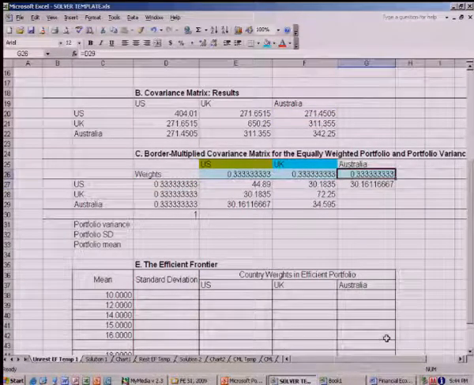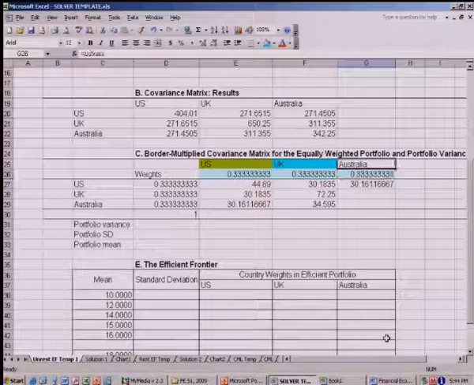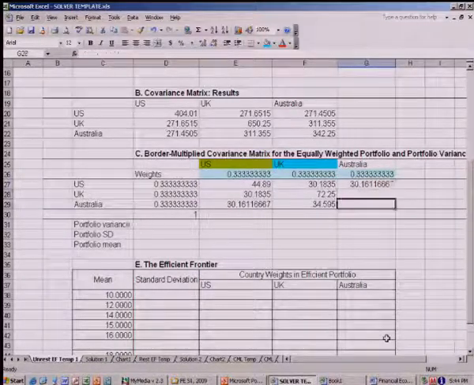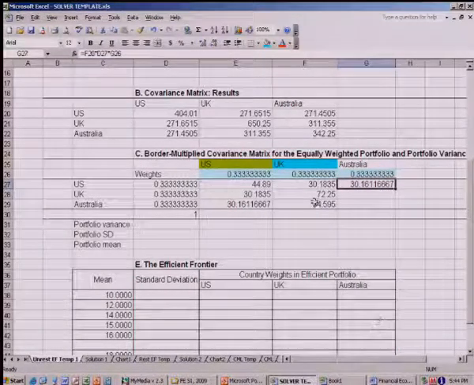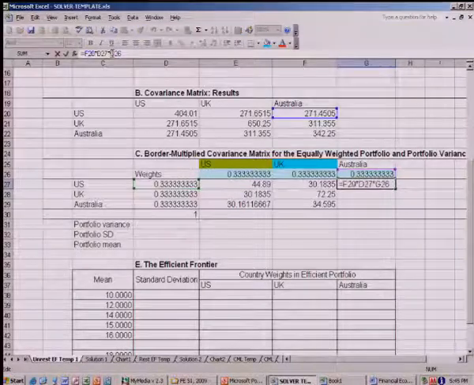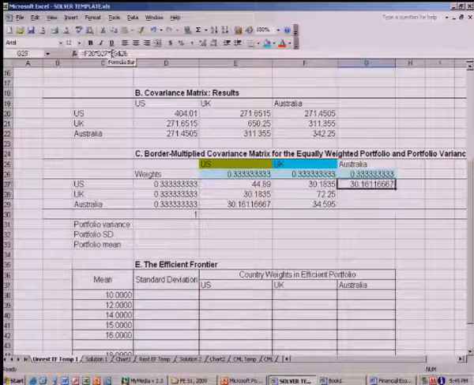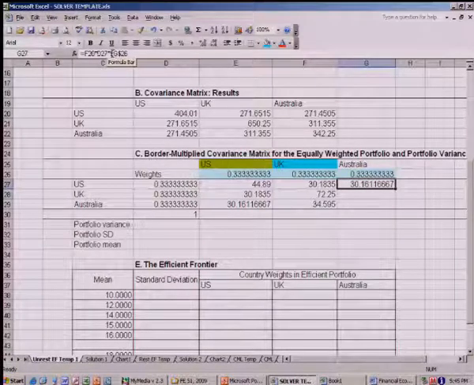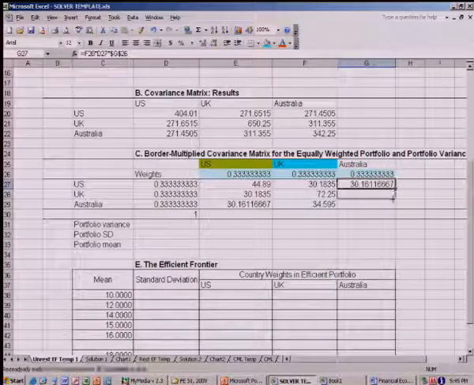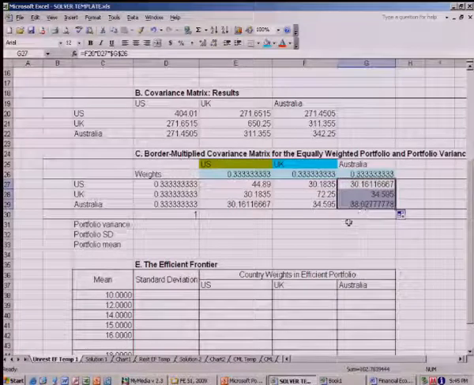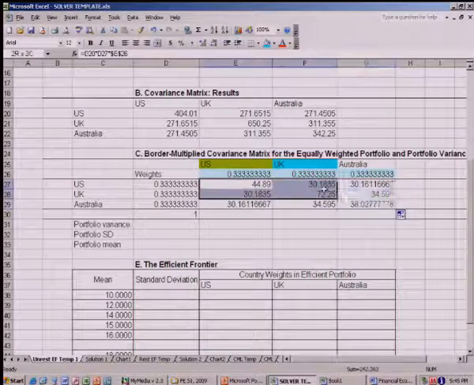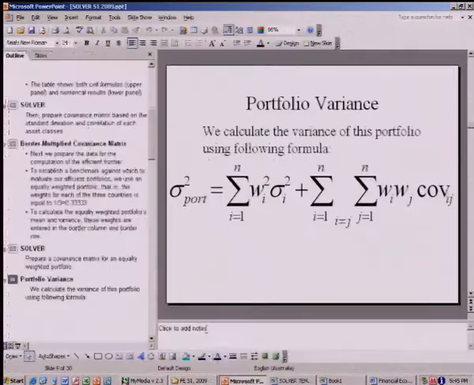Because the weight from the border row on the Australian asset will be common to those three cells, again, you can just wrap the G26 reference cell that actually contains the weight on the Australian asset with dollar signs, and just drag the formula down. So what that does, once again, is calculate every element of your portfolio variance formula.